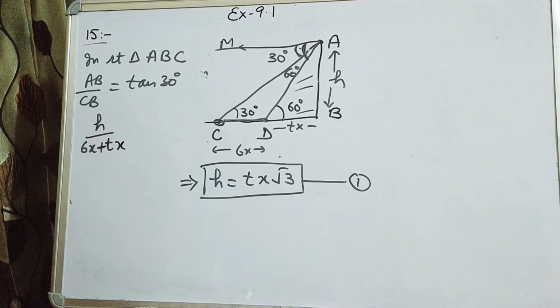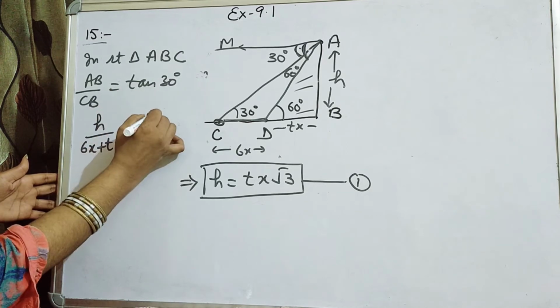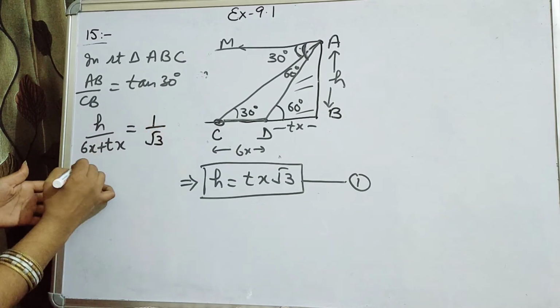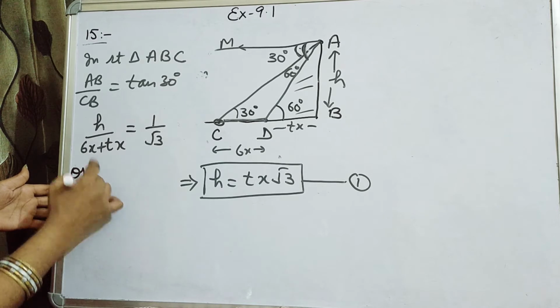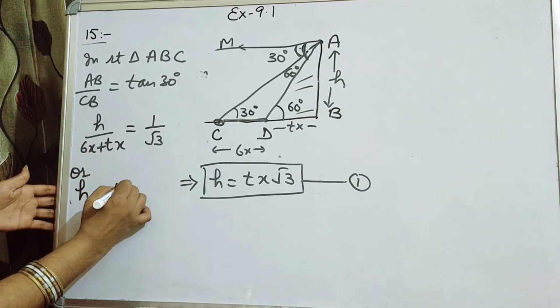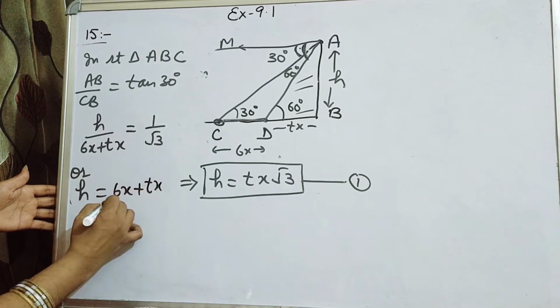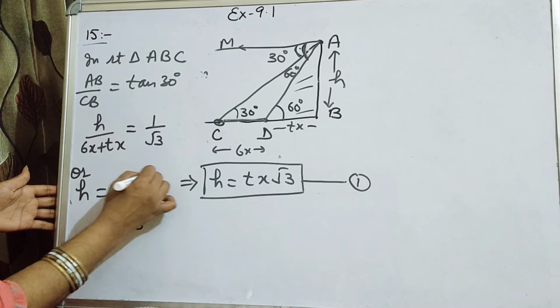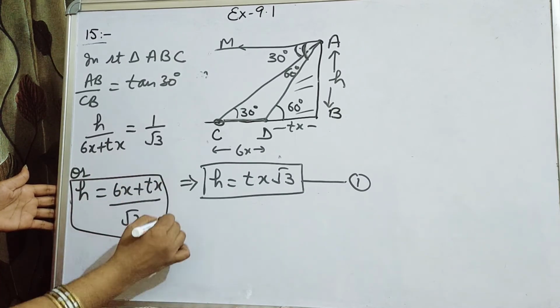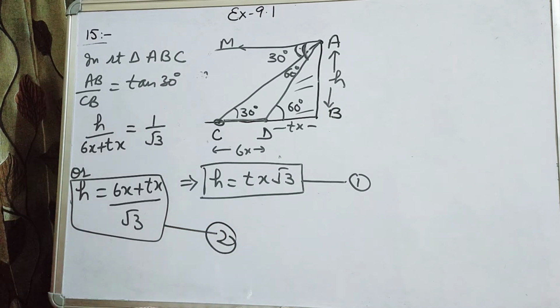So H by (6x plus Tx) is equal to tan 30, that means 1 by root 3. From here I get H is equal to (6x plus Tx) upon root 3. This is the value of H from the second right triangle.